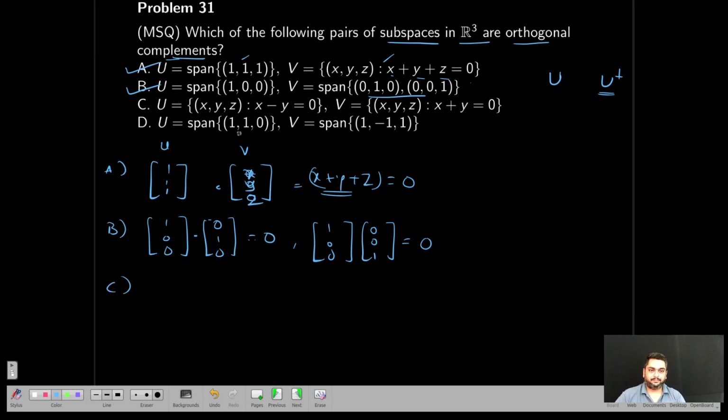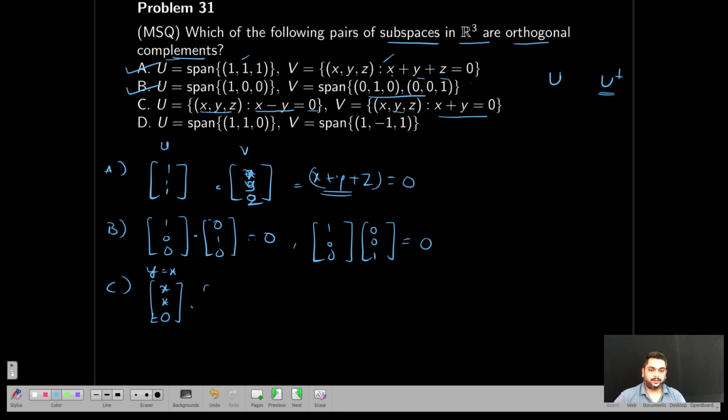Then C: x, y, z with x minus y equal to 0, and x, y, z with x plus y equal to 0. So let us write x; then x minus y equal to 0 means y is equal to x. So this is also x, and let us say z is not given, let us say it is 0.